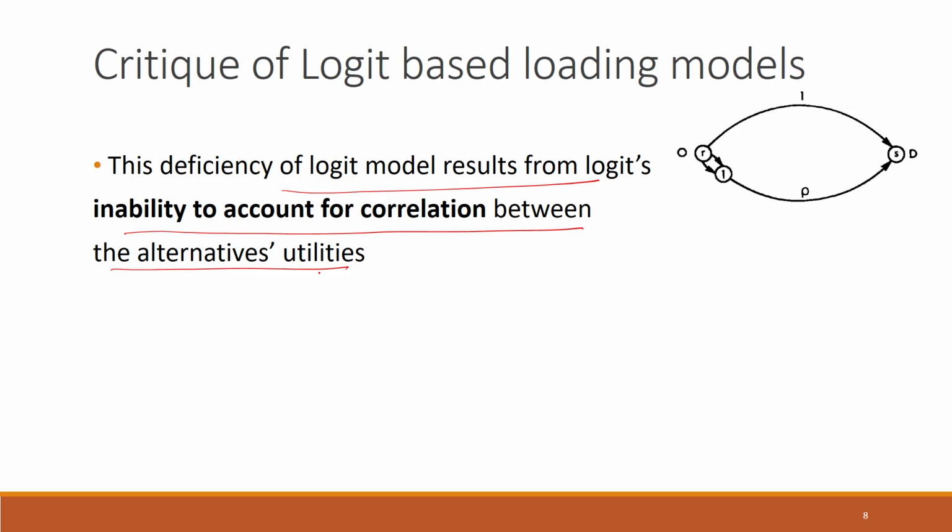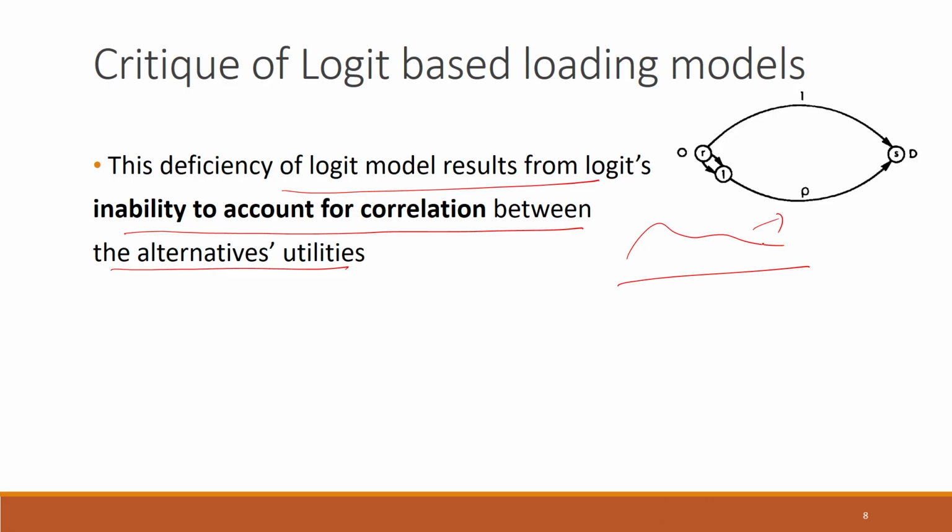For example, suppose we have some kind of distribution for the error term, and suppose this is the distribution of how the Gumbel variates vary. When we have different alternatives, for the first alternative we will randomly pick one value from this distribution. Now for the second alternative we will again randomly pick a value from this distribution.